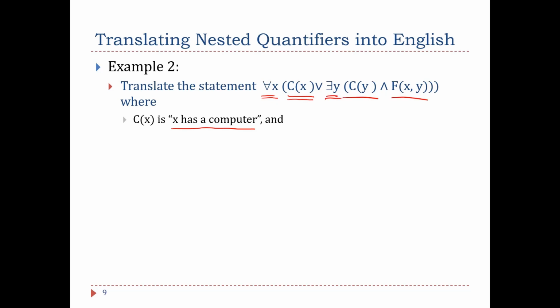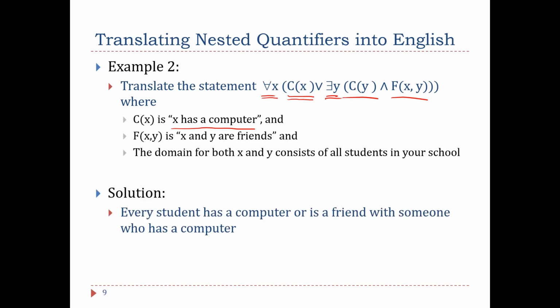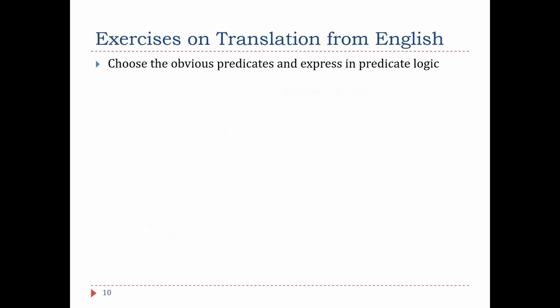You will see that this will come fluently over time when you solve more and more exercises and see more and more examples. So every student has a computer or is a friend with someone who has a computer. So you can always refine your English sentence to reflect the exact meaning.